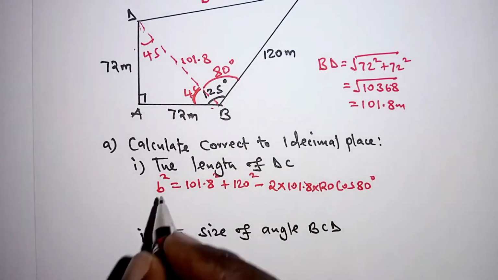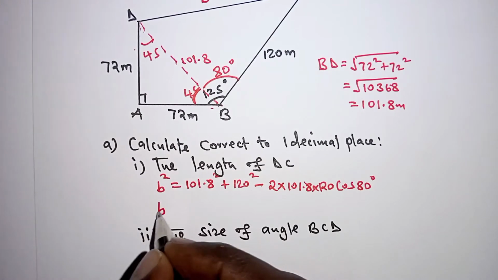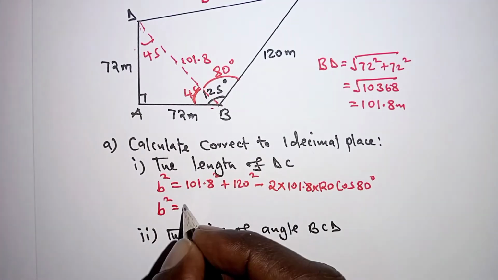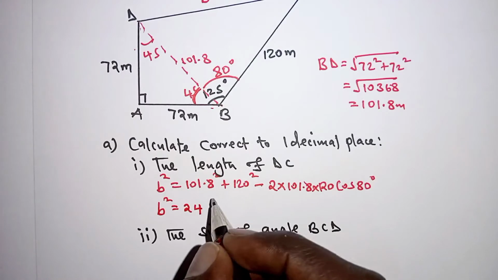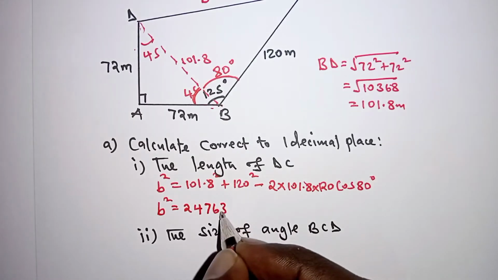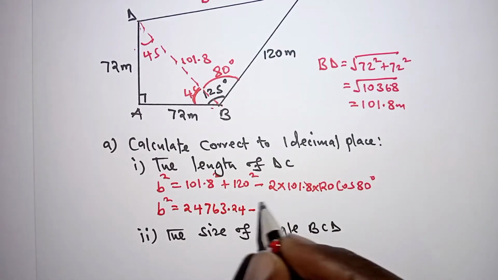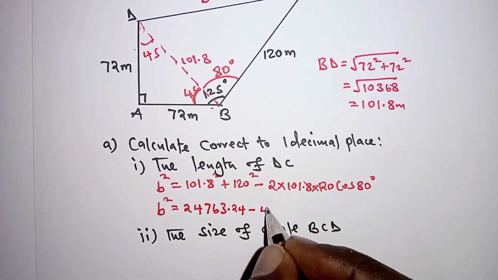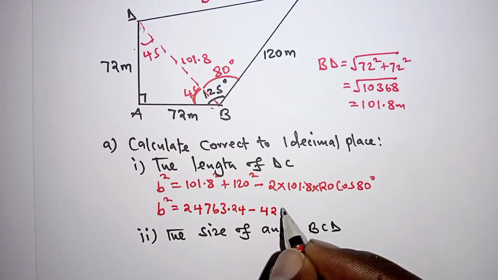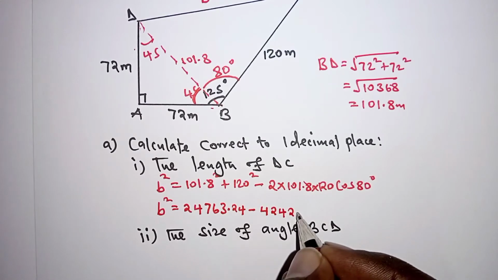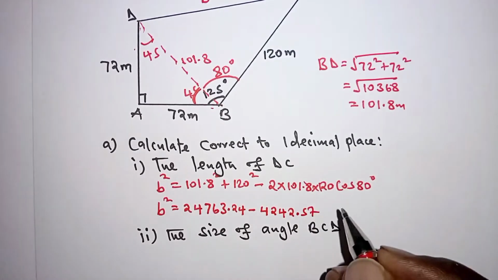So from this, when we work it out, we'll be able to get B squared as 24,763.24 minus, when you work out this part, we get 4,242.57.